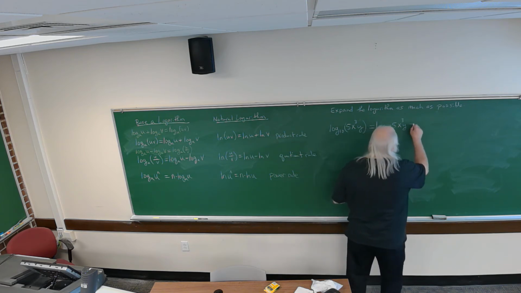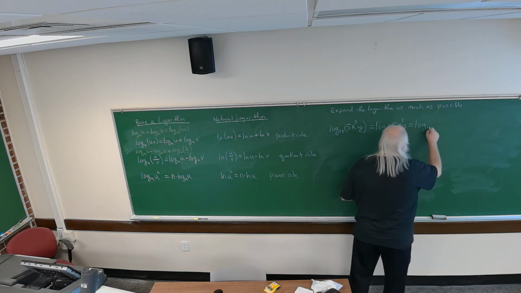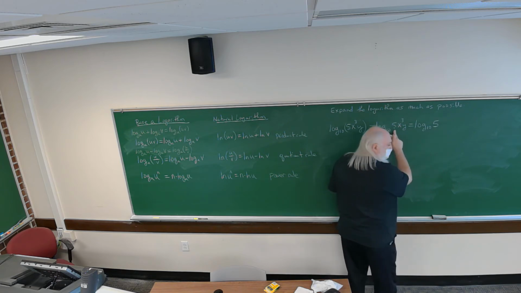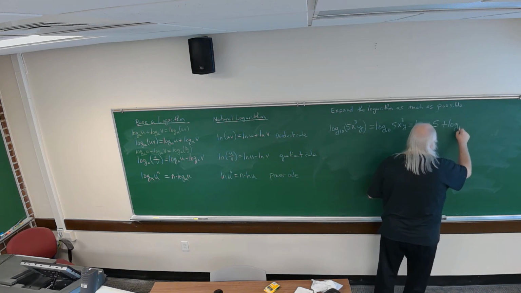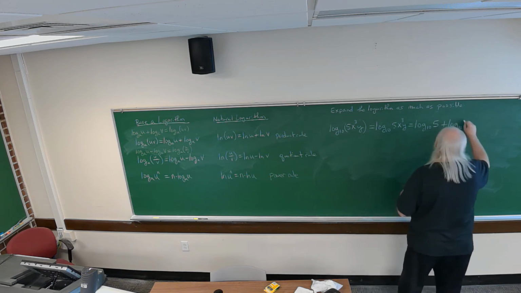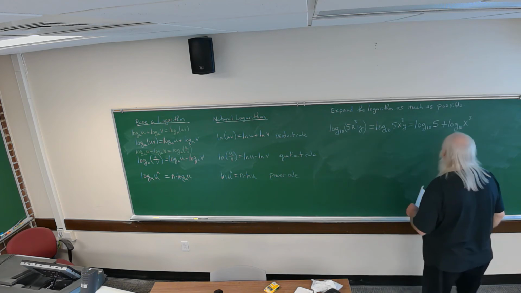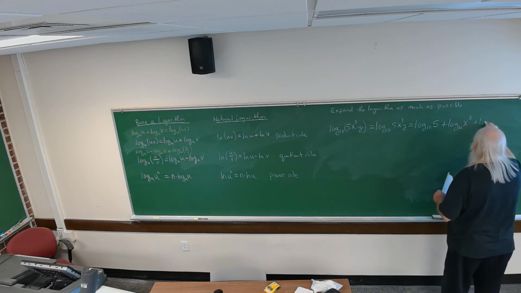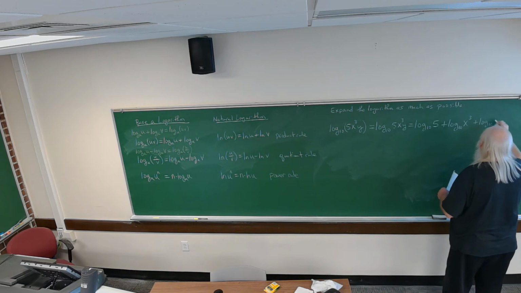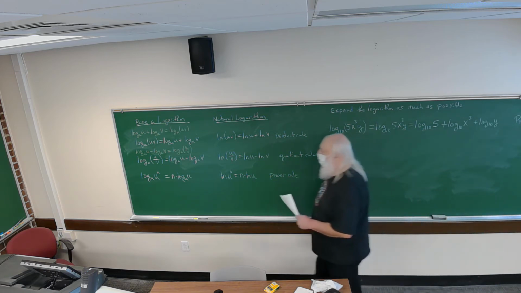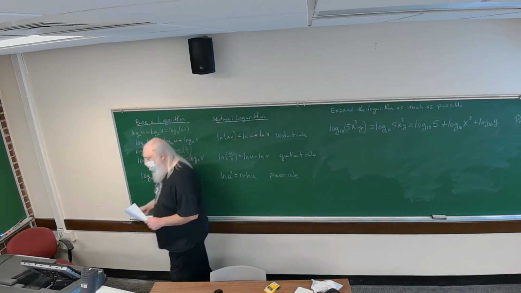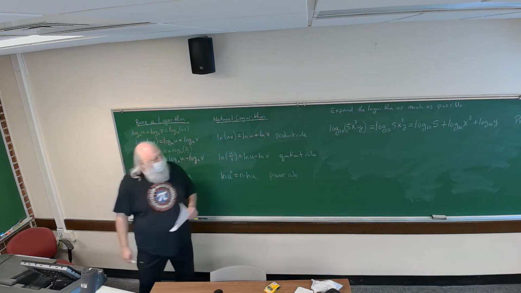So this is equal to log base 10 of the first number, 5, plus log base 10 of the second number, x cubed, plus log base 10 of the third number, y.